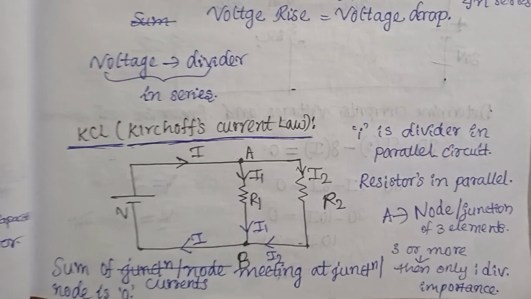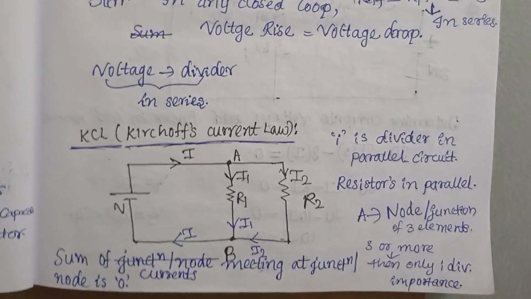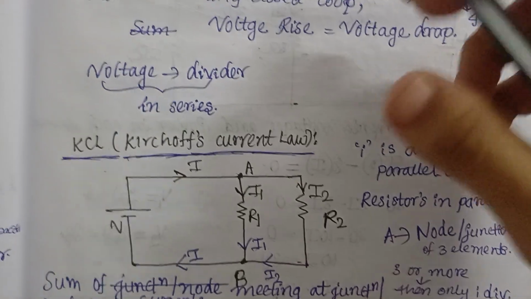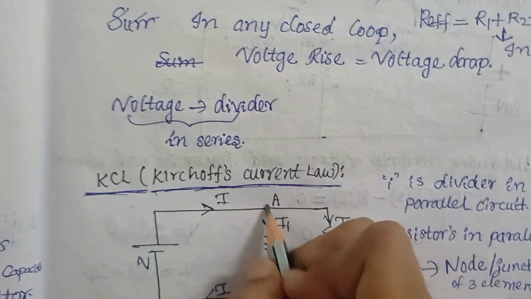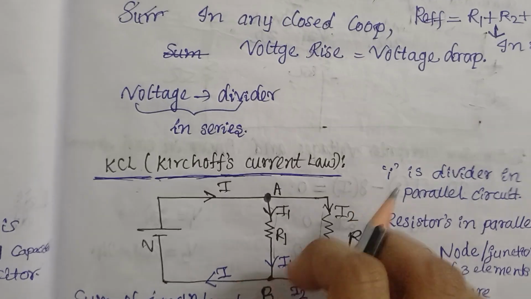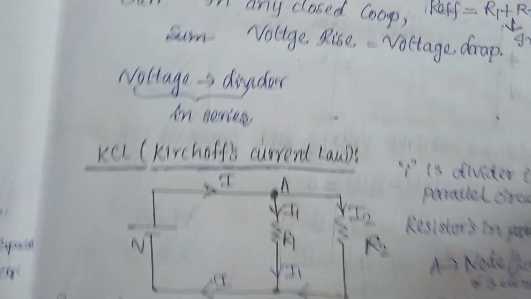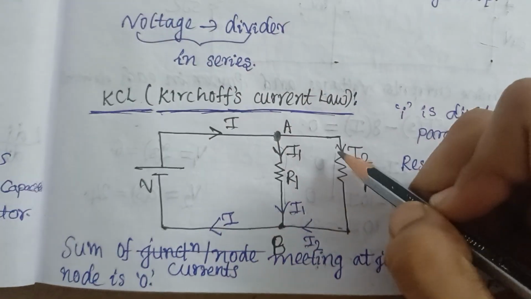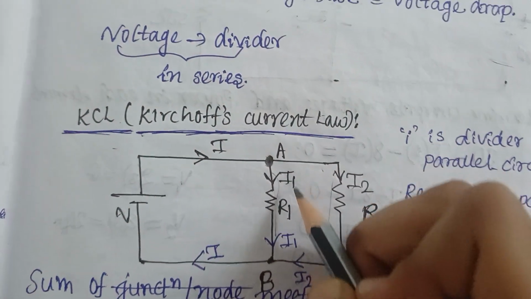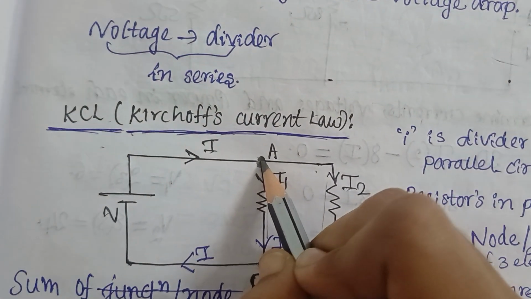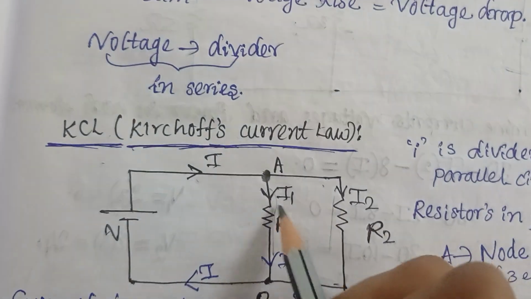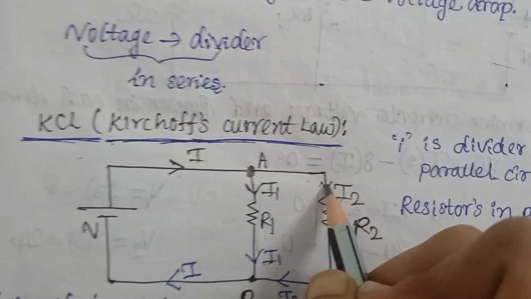Okay, and here these resistors are in parallel, right? And let us suppose this as a junction, since here R1, R2 and the V, that means 3 elements are involved. So let us consider this as a junction. Now, whenever you have a junction, there will be a current division. We can assume the current direction as we wish.